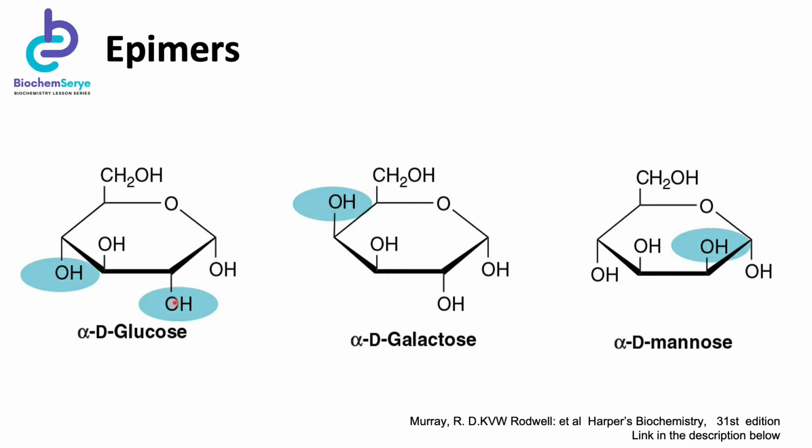Also, glucose and mannose are epimers as well because they have only one hydroxyl group that differs in location, and that is on carbon 2. However, as we can see here, galactose and mannose are not epimers, but they are only stereoisomers because they have different locations of hydroxyl groups in more than one carbon.